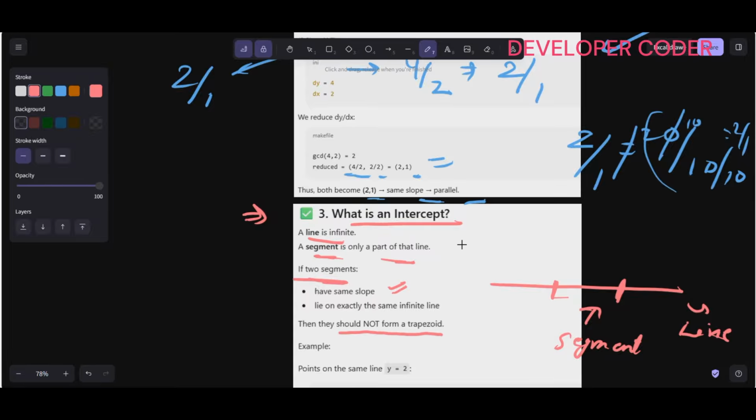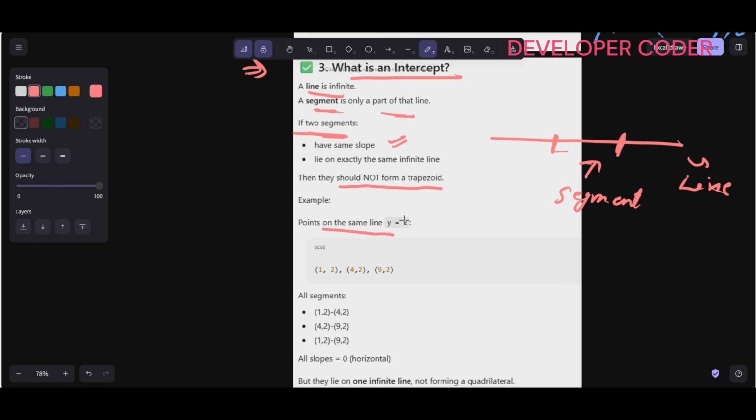Clear? So let's say these points are on the same line, y is equal to 2. Here see, the y point is the same. So this is nothing but y equal to 2, an infinite big line. So points 1 comma 2, then 4 comma 2 is here, then let's say 9 comma 2 is here.